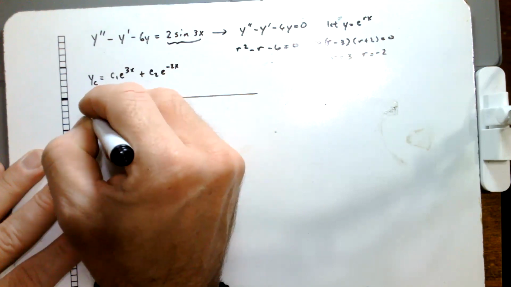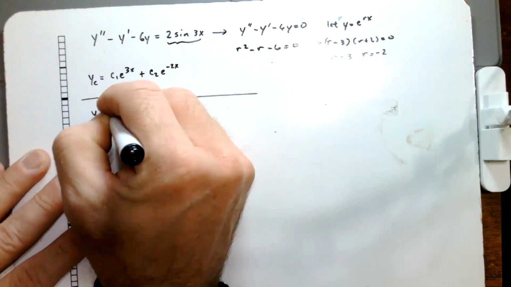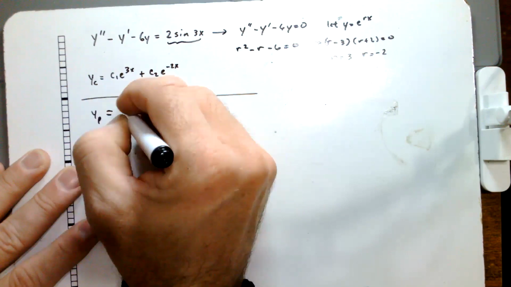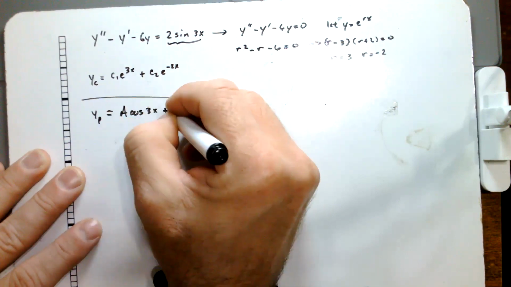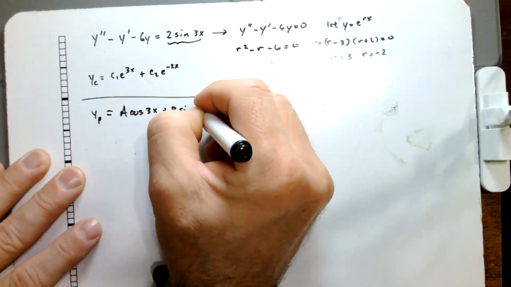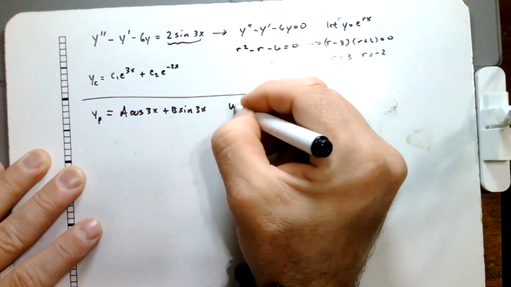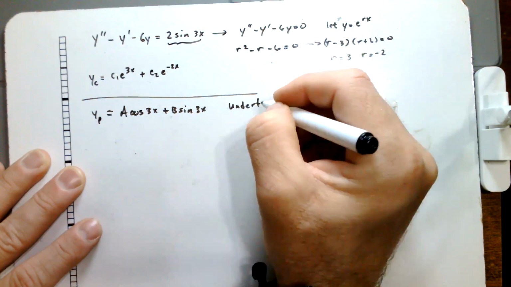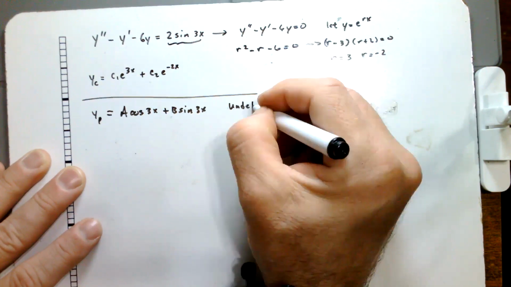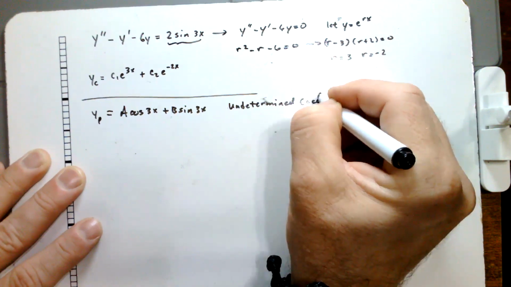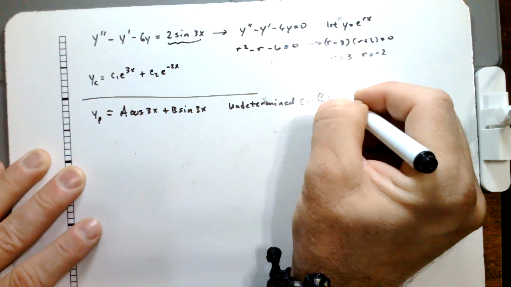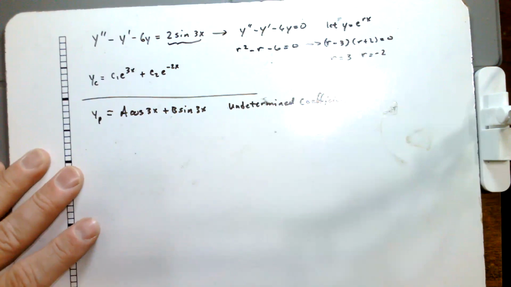This is of the form for a particular solution guess of yp equals a cosine 3x plus b sine 3x for the undetermined coefficients method. And we're going to do this one first, and you'll see why in a second.